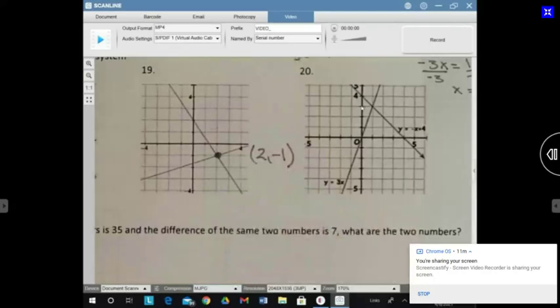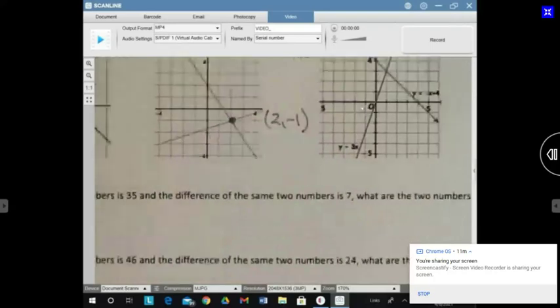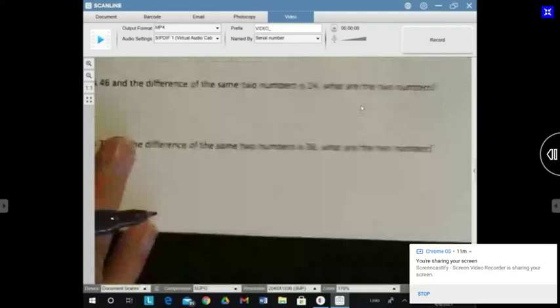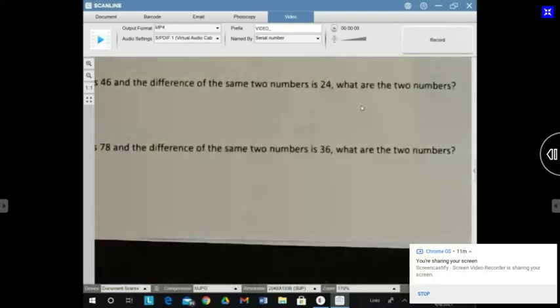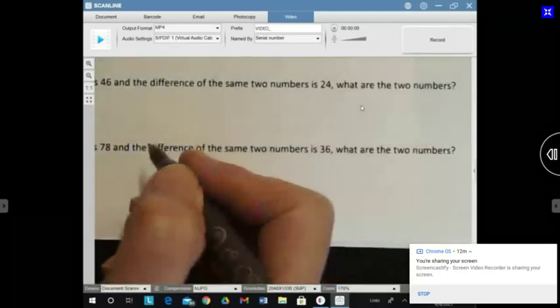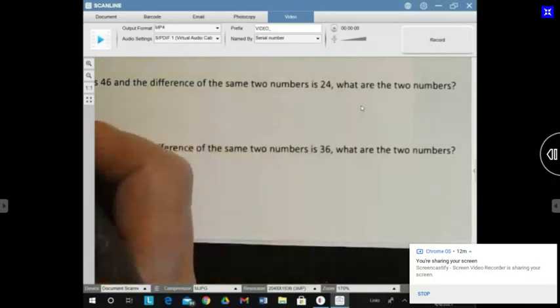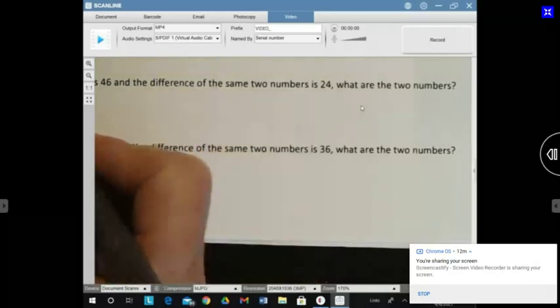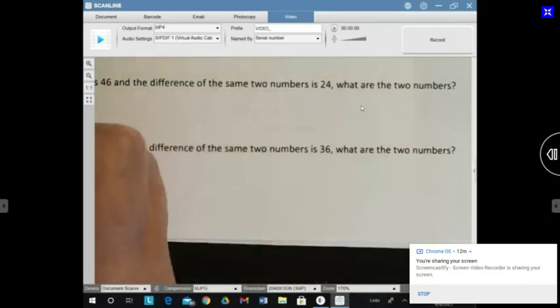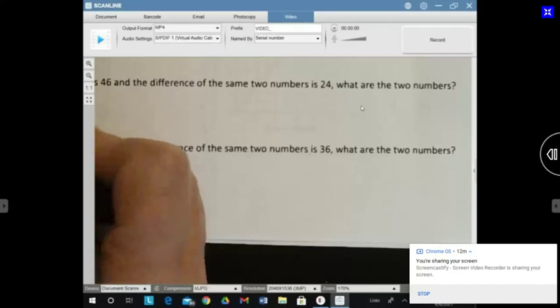All right, which one of these bottom ones should we do? 22. The sum of two numbers is 46. What should I write for the sum of two numbers is 46? What are my two numbers? x plus y equals 46.